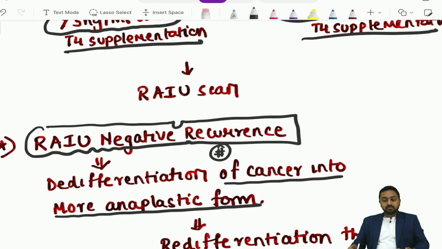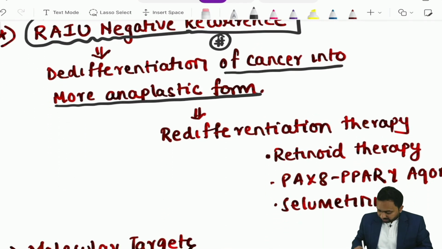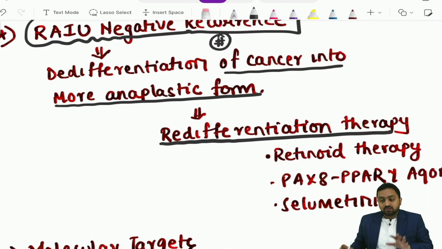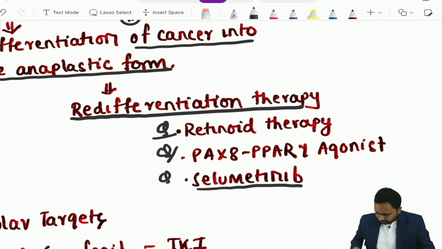So please remember that negative radioactive iodine uptake recurrence is associated with dedifferentiation of the cancer into a more anaplastic form. So in this case, we need to go for redifferentiation therapy. The redifferentiation therapy would include retinoid therapy, PPAR gamma agonist and selumetinib.